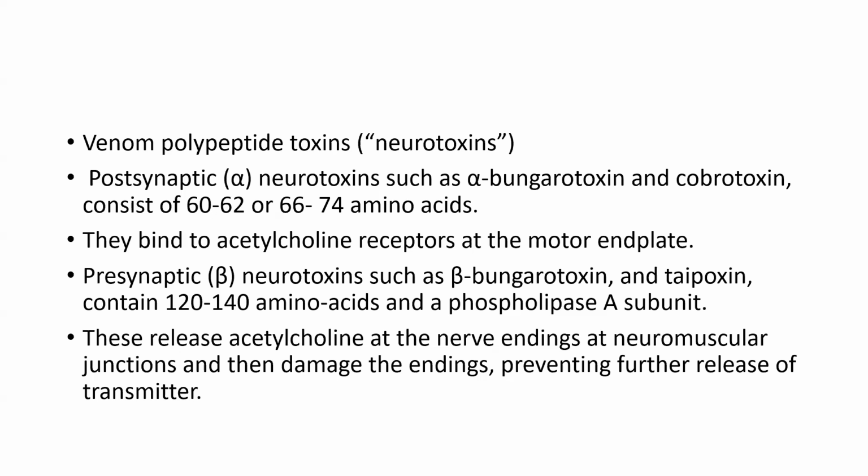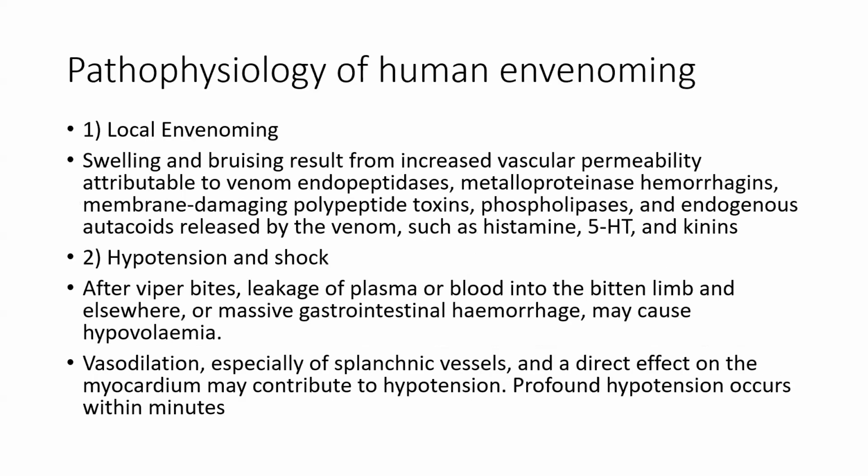They bind to the acetylcholine receptor at the motor end plate. Presynaptic neurotoxins such as beta-bungarotoxin and taipoxin contain 120 to 140 amino acids and a phospholipase A2 subunit. This will release the acetylcholine at the nerve ending at the neuromuscular junction and then damage the ending, which prevents the further release of neurotransmitters.